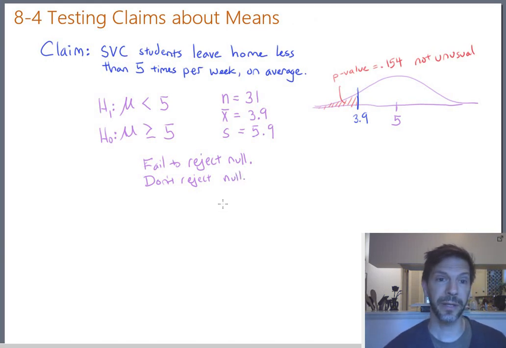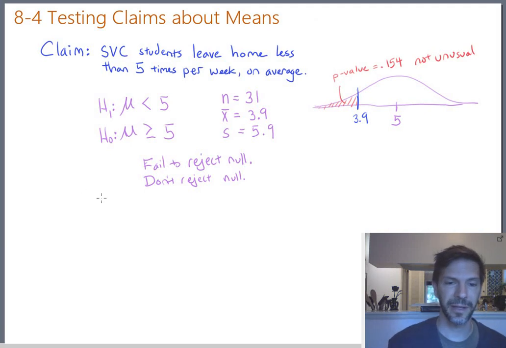And then we need to write a sentence about what this means. When we fail to reject the null or don't reject the null, we basically said, hey, there's not evidence here to reject the null.